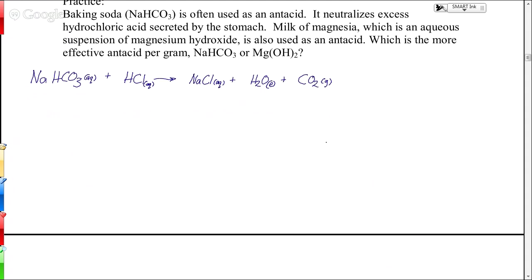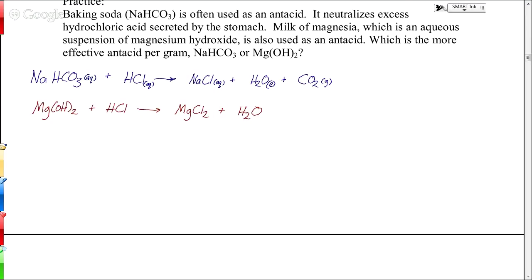Okay, the other reaction here is the magnesium hydroxide, which reacts with HCl, and in this case, doesn't break down into a gas, but forms MgCl2 plus water. All right.